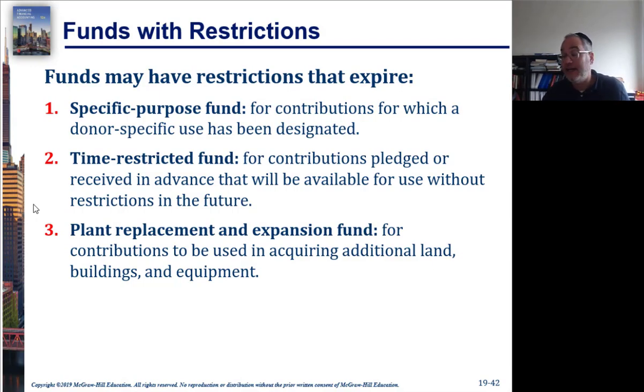So the donor says you can't spend this money for 10 years. And a contribution that's pledged is obviously going to be time restricted because you can't spend it until you get the money. And planned replacement and expansion, again, that's the building or the pavilion that you've received money for.